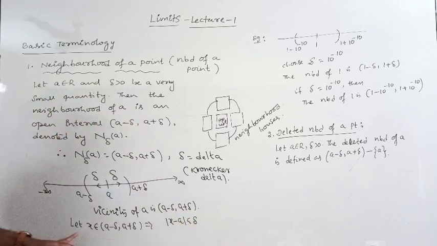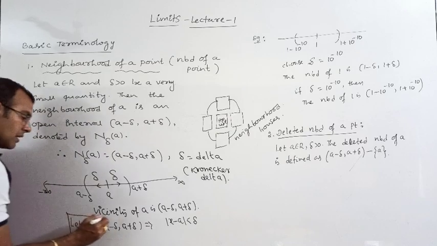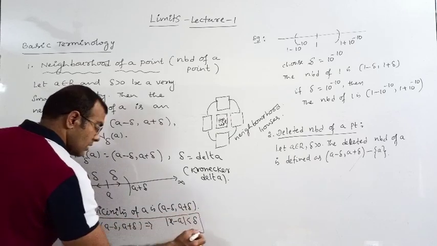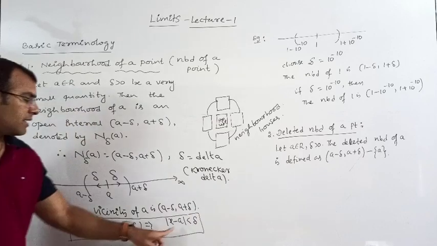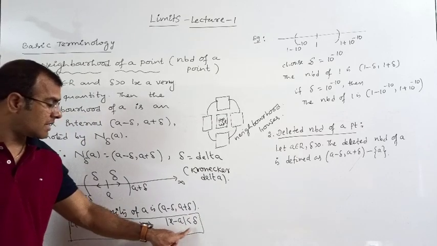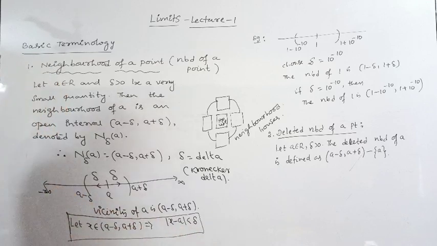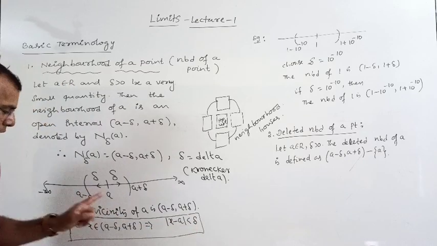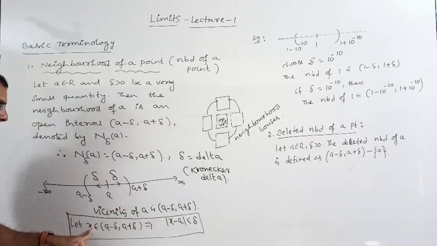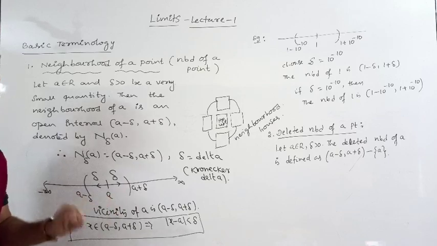The meaning of this statement is, if X lies in the neighborhood of A, then we write modulus of X minus A less than delta. Means the distance between X and A is always less than delta. Then only X lies in the neighborhood of A.